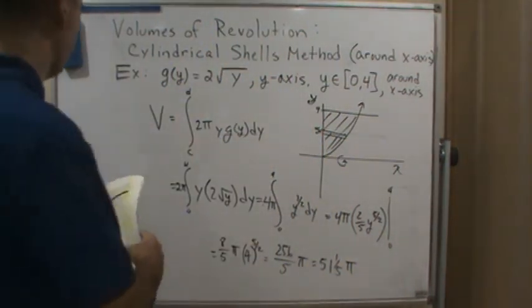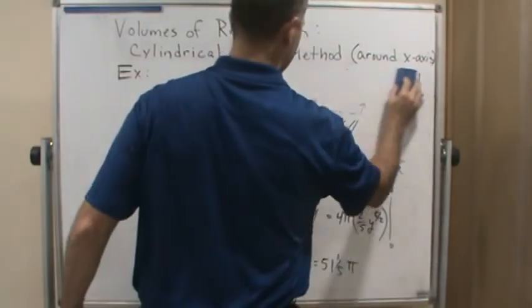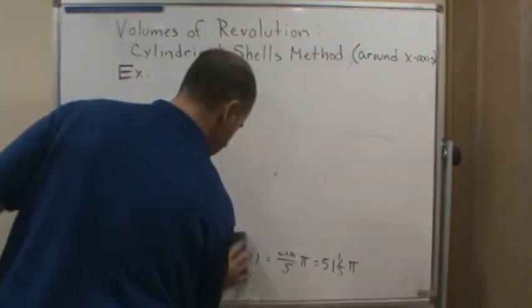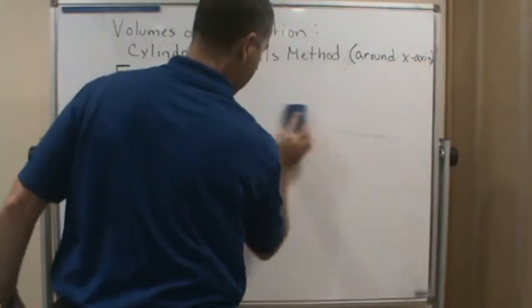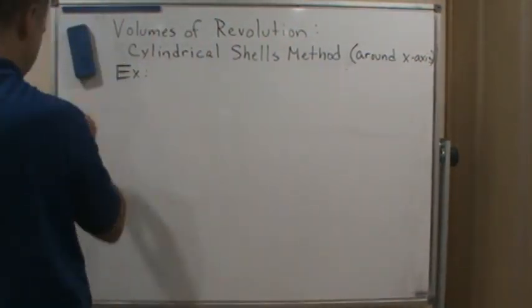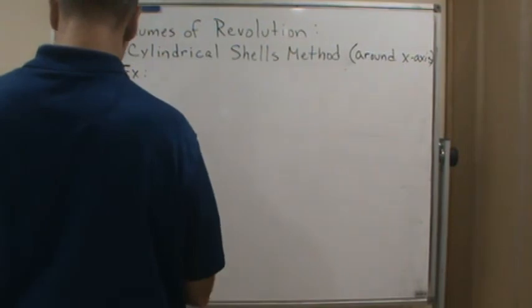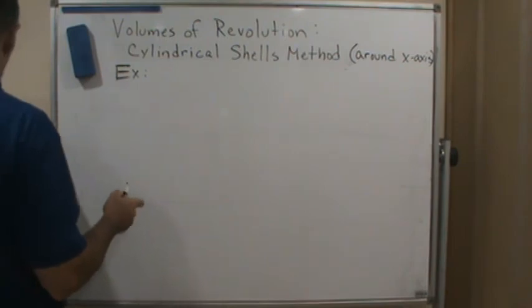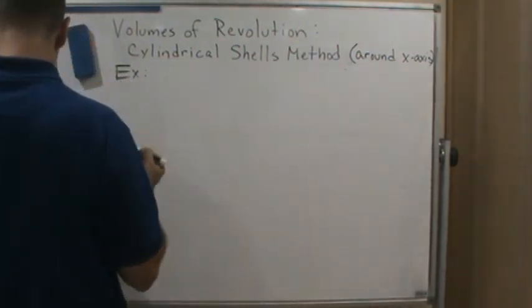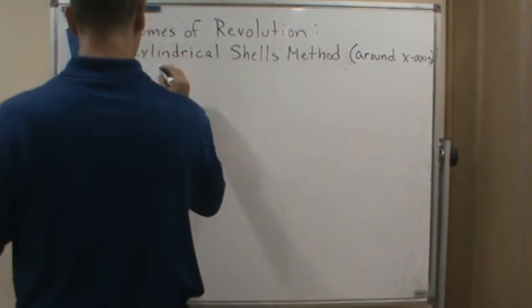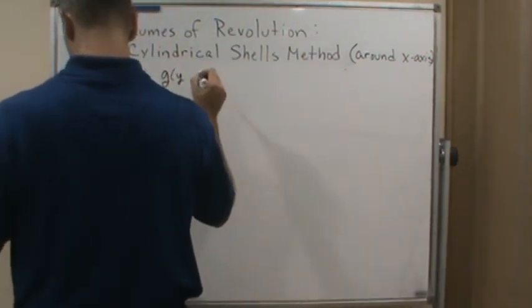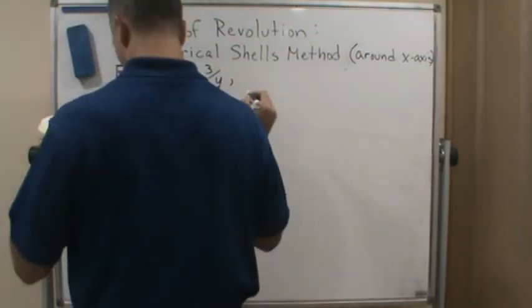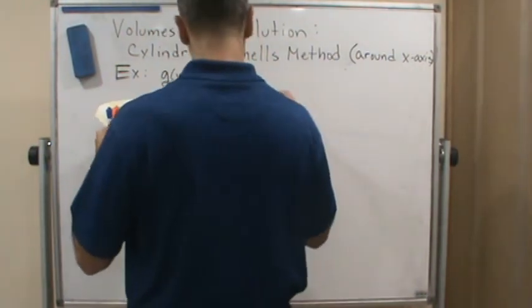Okay, and like always, here is yours. So again, I'm going to read it to you and just write down the important information for you. It says define Q as the region bounded on the right by the graph of g of y equals 3 over y, and on the left by the y-axis.